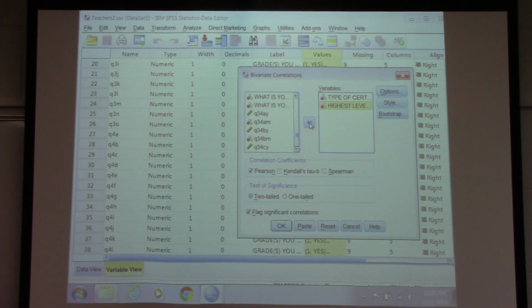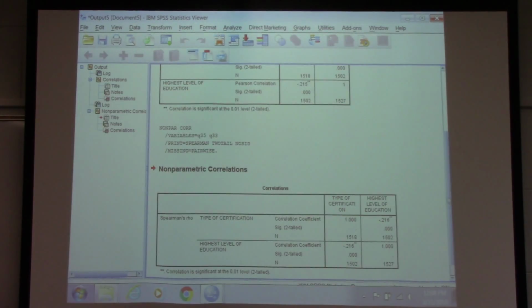Remember, those are categories. The default is Pearson, which is for continuous variables, and I'm just going to click on Spearman because it's appropriate because of the categories. I'm going to leave Pearson selected to make a point, but the one I would interpret is Spearman, and I click OK.